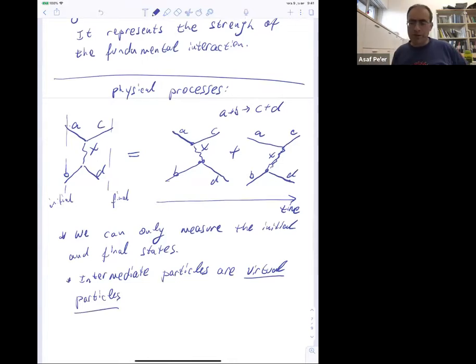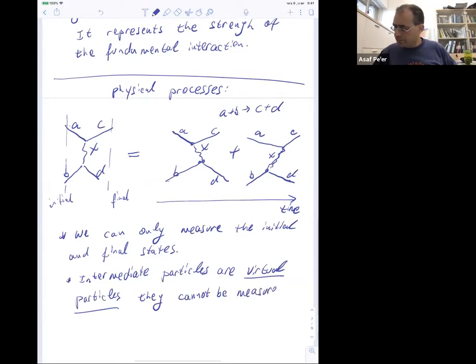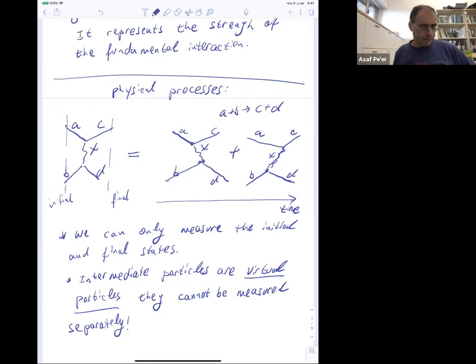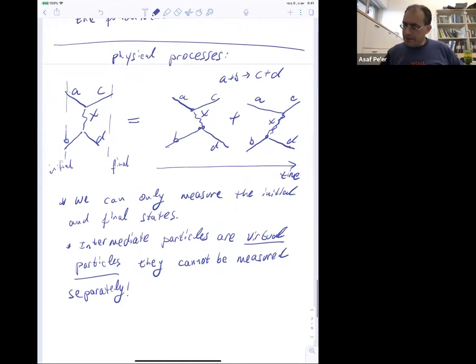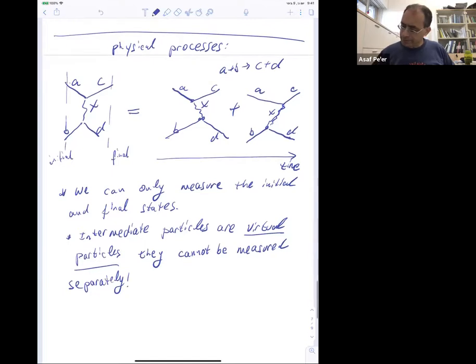They cannot be measured independently. And the Feynman diagram, as presented here, represents all the combinations in time of the allowed processes, right?